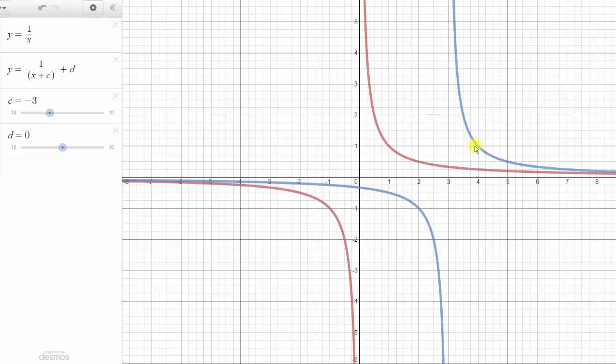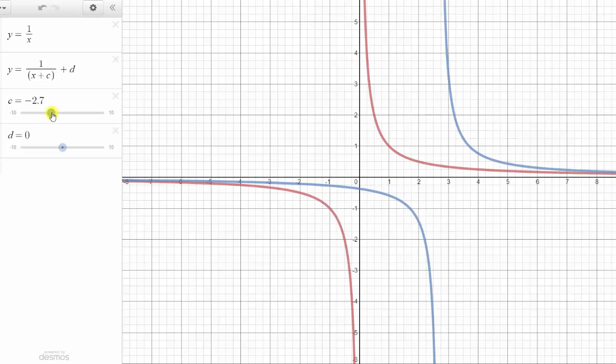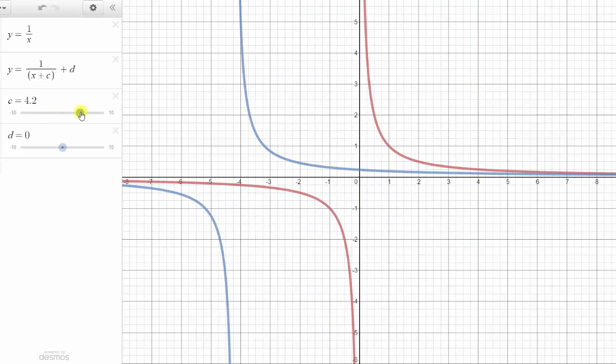And again, this should make sense because if we want these two functions to have the same y values or function values, the inputs or x values of the translated function would have to be 3 units larger to get the same outputs or y values, because the function would be 1 divided by the quantity x minus 3. So again, if c is negative, the graph is shifted right. If c is positive, the graph is shifted left.